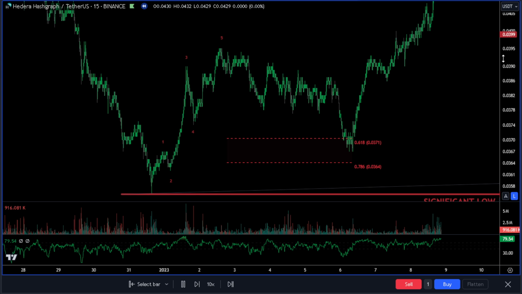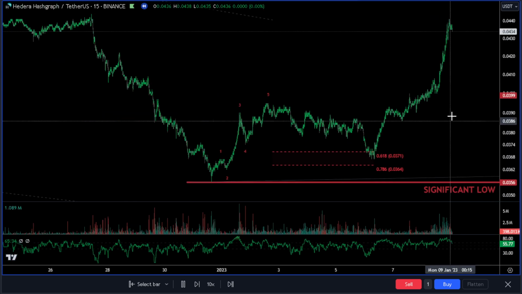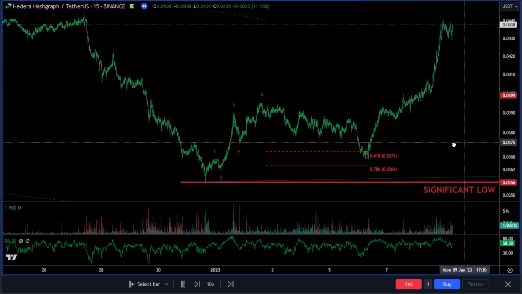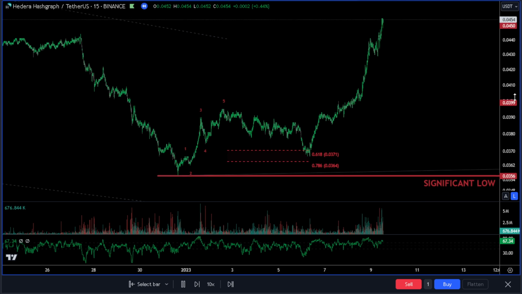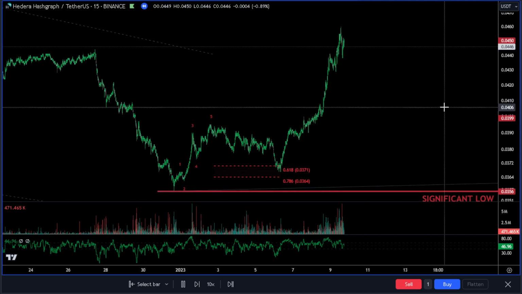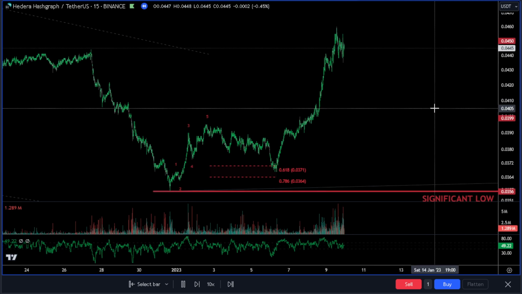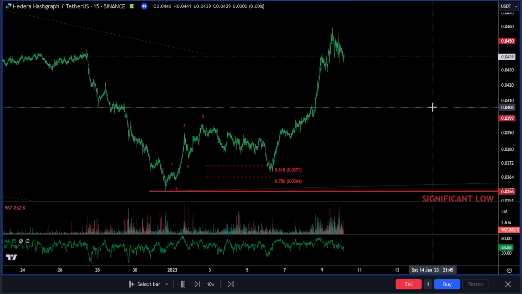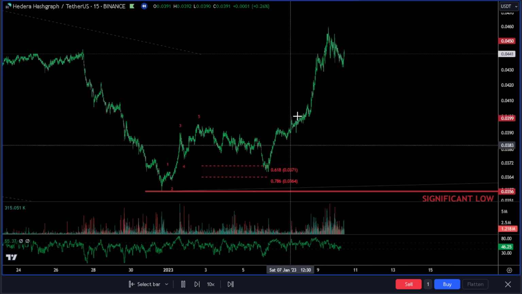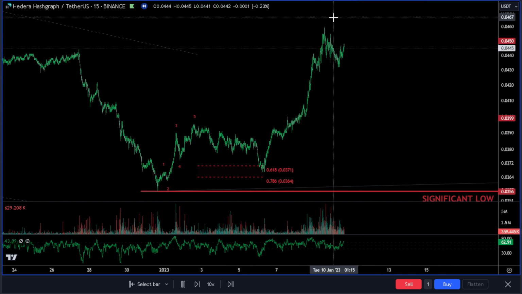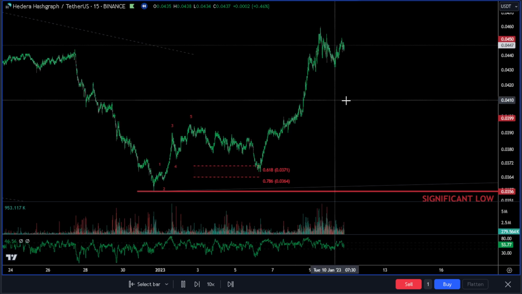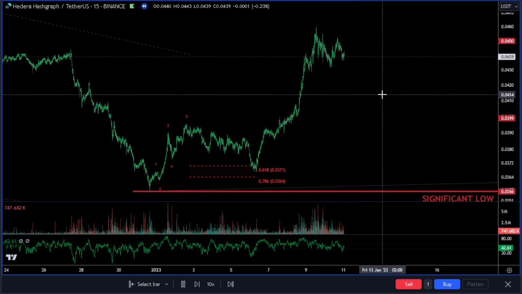And off it went. I believe the next time you actually got an entry is if you had this as a 1 2 3 4. You could buy the 4, stop at the 618, next move to the upside.